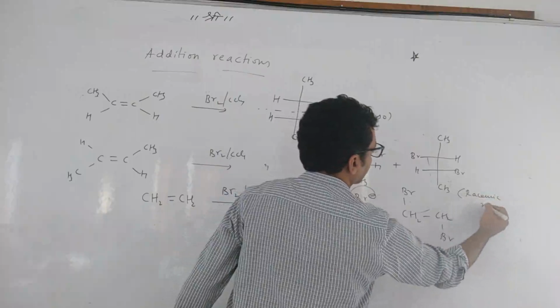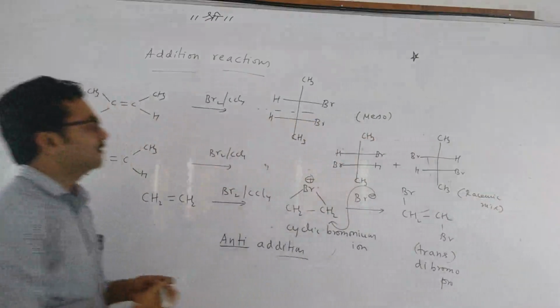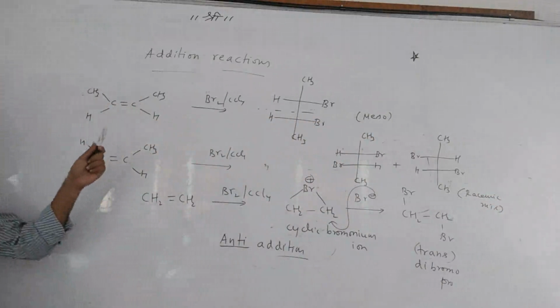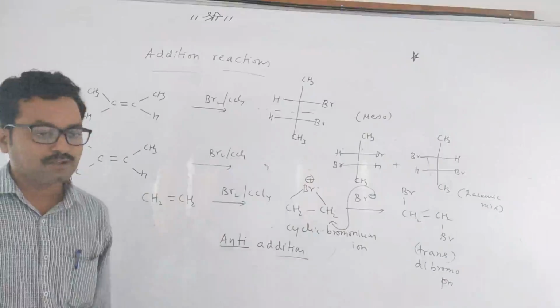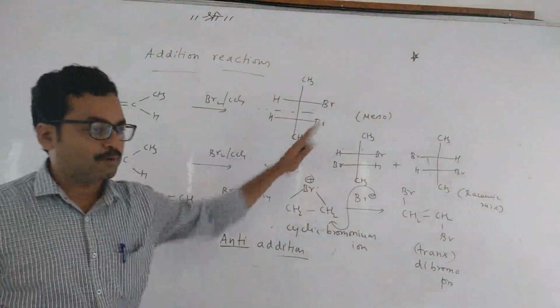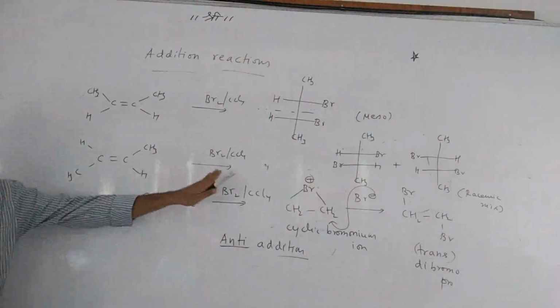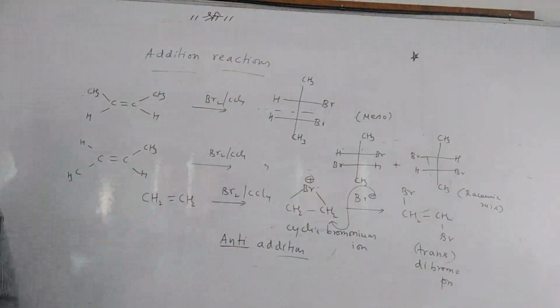First, if you take a cis alkene and do bromination, you will get a meso dibromo product. But if you take a trans alkene and do addition, you will get a... one second children, trans and anti is meso.